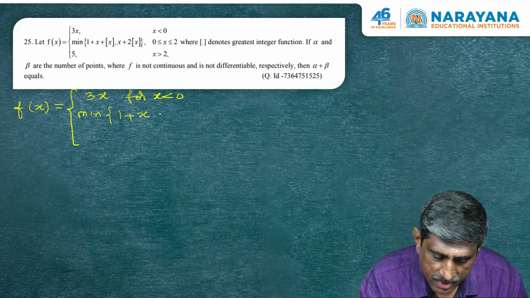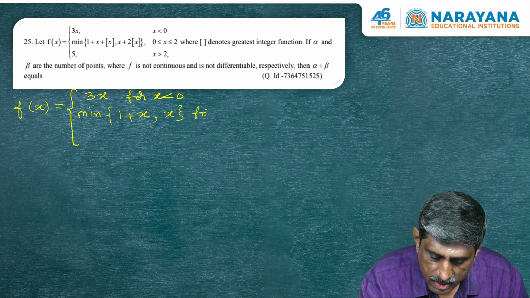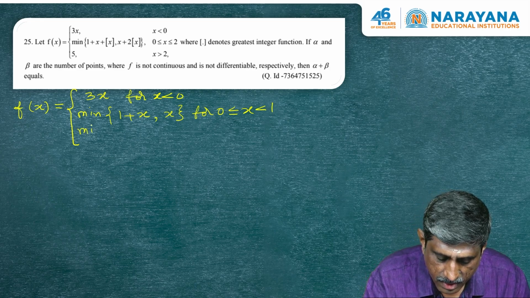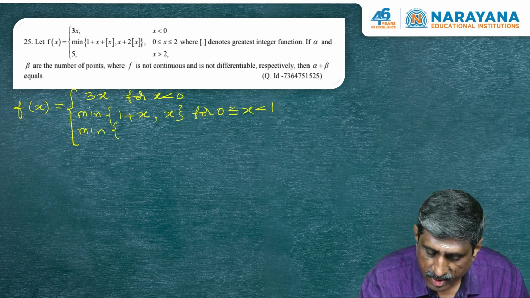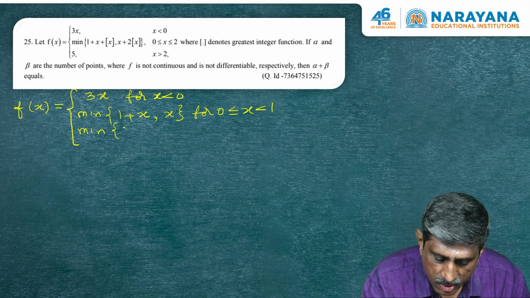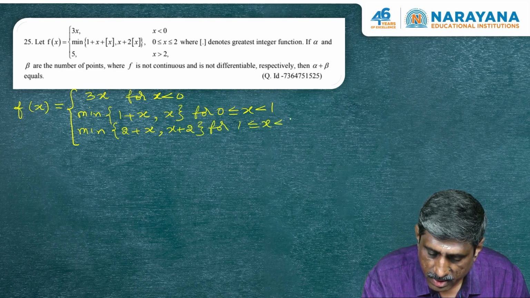So it becomes x plus step x, which is 0, comma, x plus 2 times step x, which is x, for 0 less than or equal to x less than 1. In this interval step x is 0. Next case, between 1 and 2, the value of step x becomes 1. So 1 plus 1 is 2, which is 2 plus x, comma, here it is also 1, therefore x plus 2, the same function, for 1 less than or equal to x less than 2.